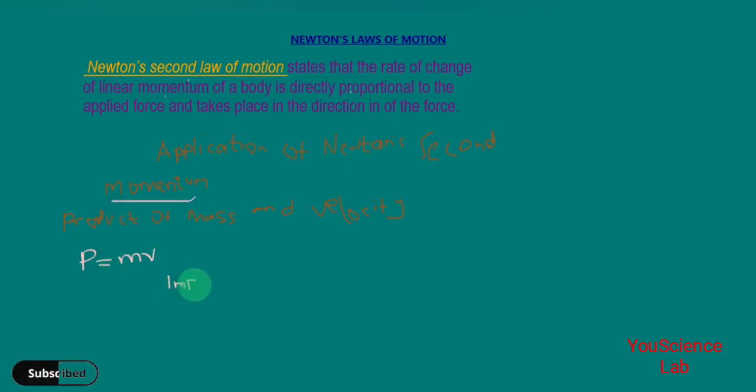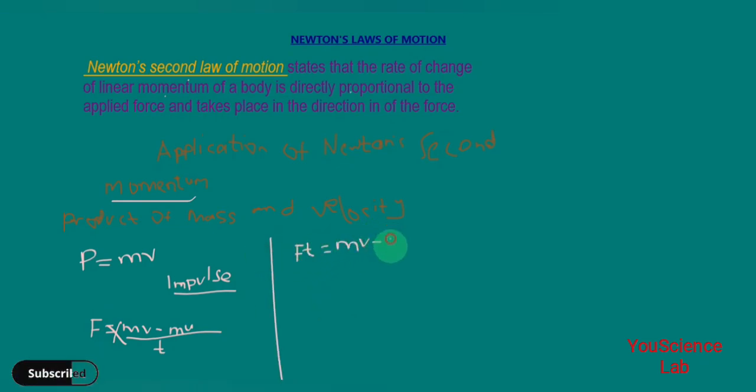Next is impulse. Recall that we said that F is equal to mv minus mu all over t. So when you cross multiply, we're going to have Ft is equal to mv minus mu. So Ft is equal to I, which is the impulse.